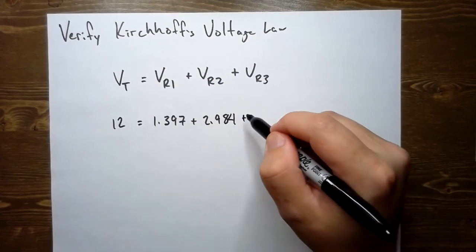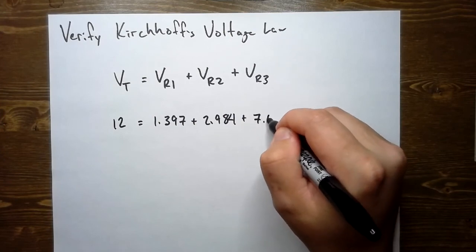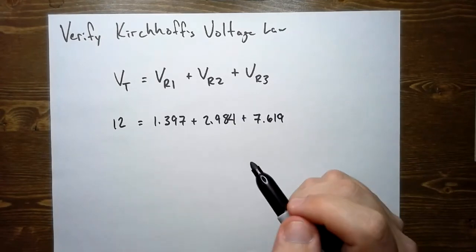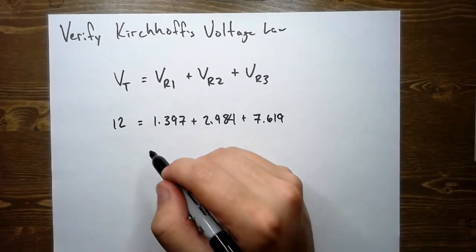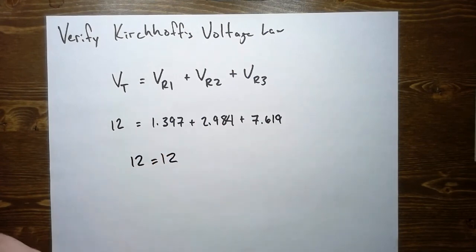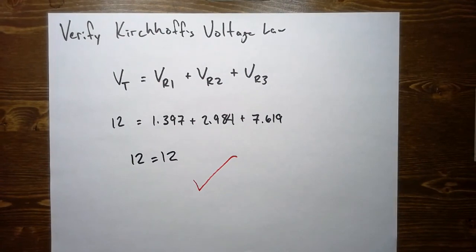And our VR3 was 7.619. And if you add those up, you do get 12, right? So 12 equals 12. So we have verified, right? Our Kirchhoff's voltage law is correct, and we can use that to help us solve problems in class now.